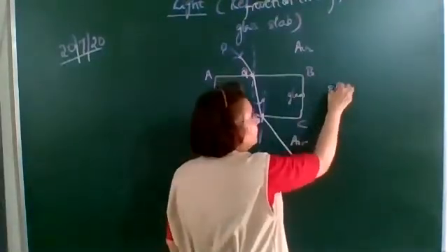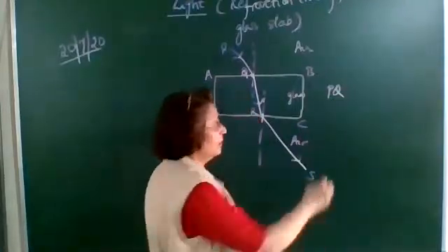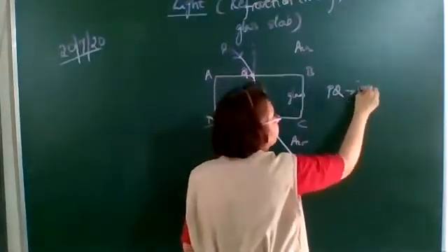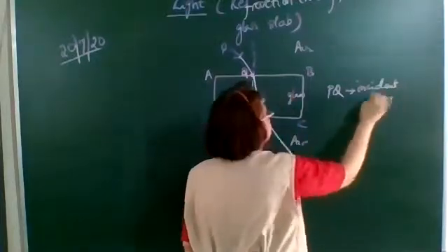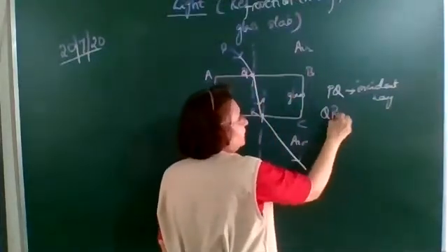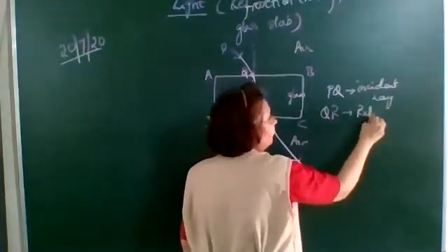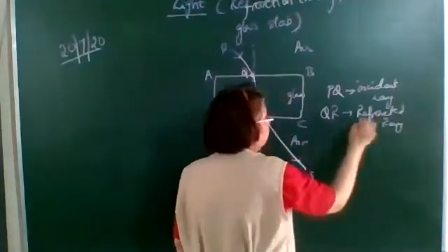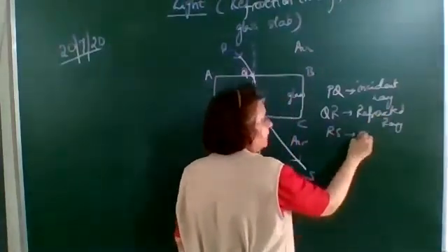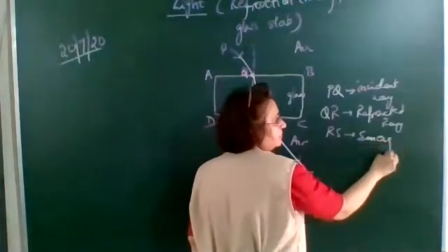So here the PQ ray is called the incident ray. Then the QR ray is called the refracted ray. And the RS ray is called the emergent ray.